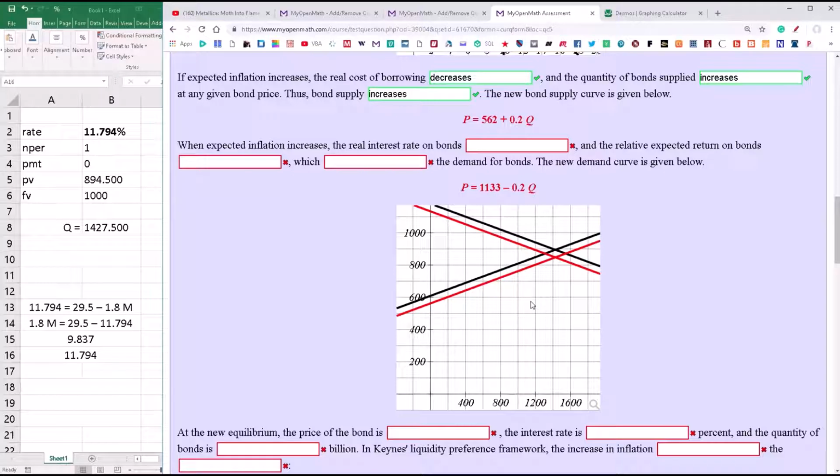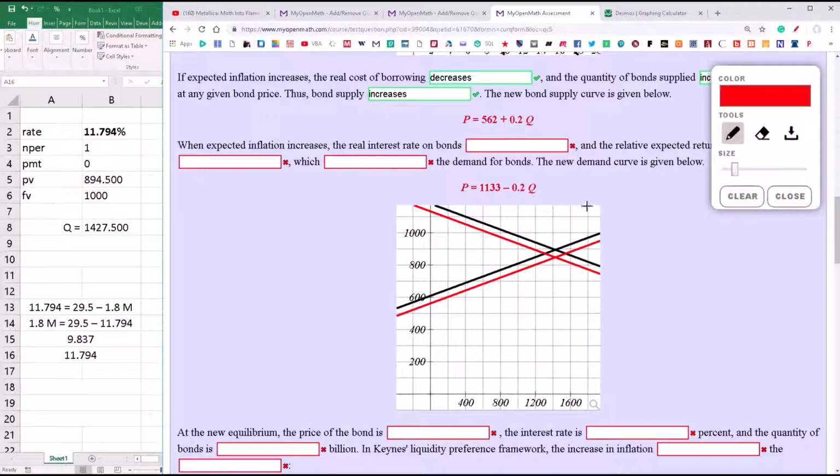Now, on the demand side, let's do the demand side. On the demand side, when we go horizontally to shift a demand curve, we're holding the price constant, right? Price is being held constant. And then we go back to the Fisher effect.